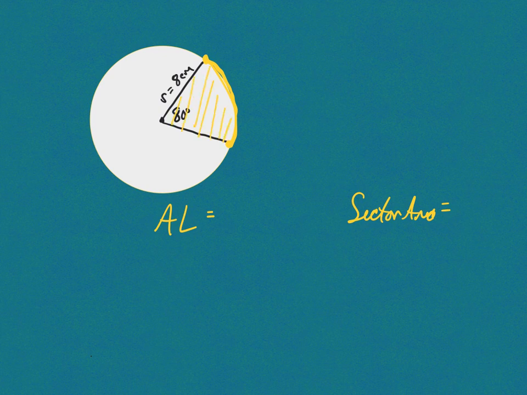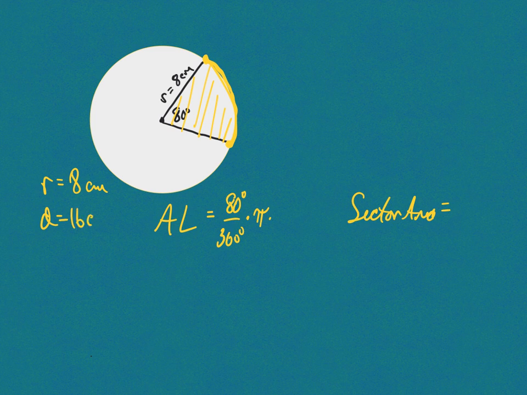Okay, so the arc length, because the angle is measured in degrees, the version of the formula we should use then is 80 degrees divided by 360 times pi times the diameter. Well, since the radius is 8 centimeters, that means the diameter then would be 2 of those, or 16.